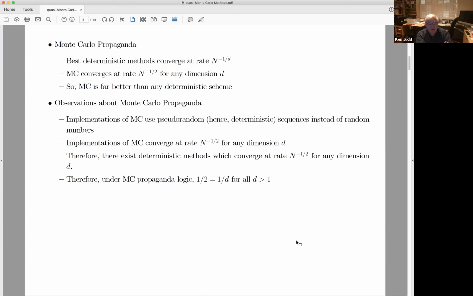Well, first of all, this is all bogus because every implementation of Monte Carlo uses deterministic sequences instead of random numbers. So any theorem that applies to deterministic methods also applies to pseudo-random sequences and methods based on that. So Monte Carlo can't escape these theorems.